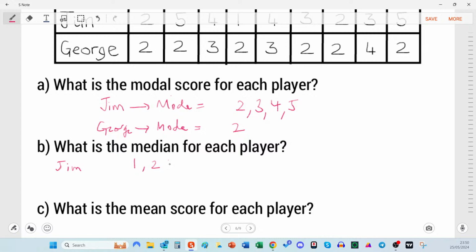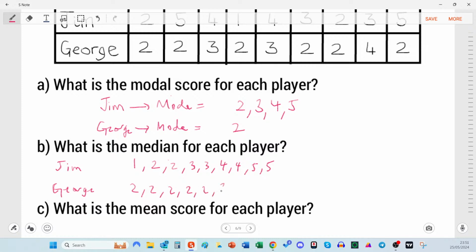We had all those numbers except 1 appear twice. Like so. George. 2, 2, 3, 4, 5, 6.